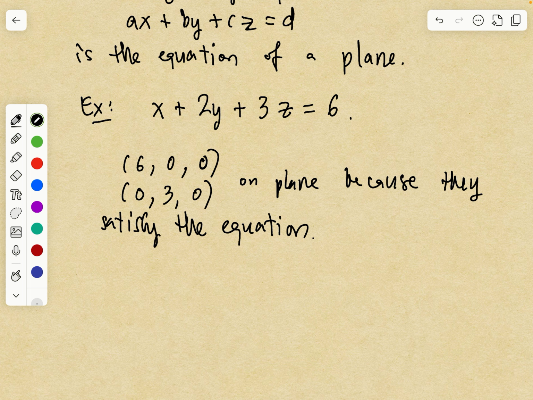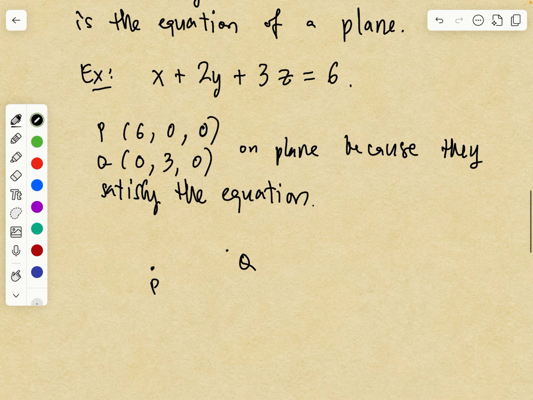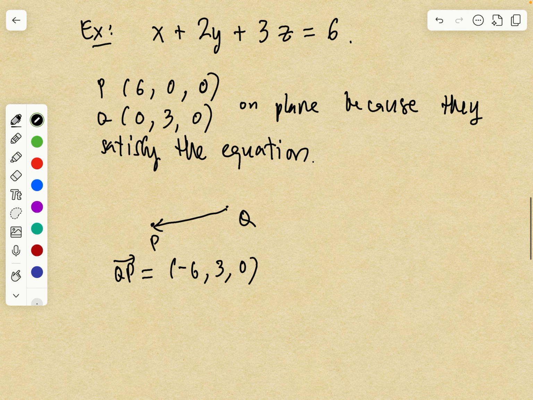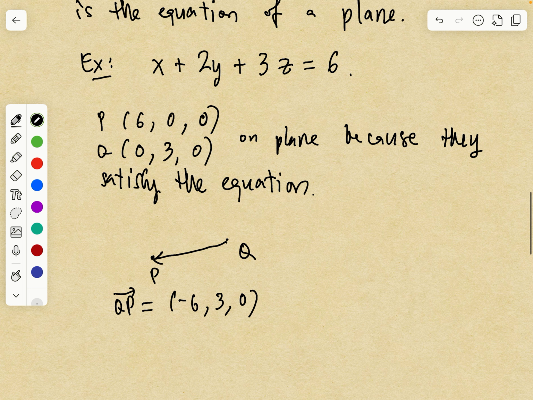And so I have these points, let's call this P and let's call this Q. And notice that if you subtract QP, so you take the vector from Q to P, this is going to be negative 6, 3, 0. And this vector is perpendicular to the vector 1, 2, 3.